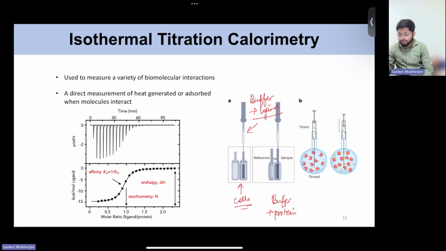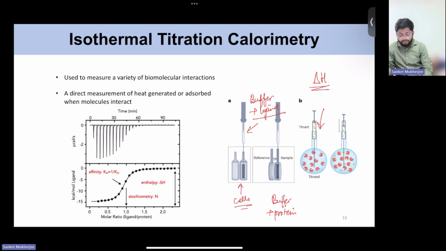And when you inject, the titrant is in the injection and the titrand is in the cell. When you inject small quantities of this into the cell, what happens is there is a change in energy.